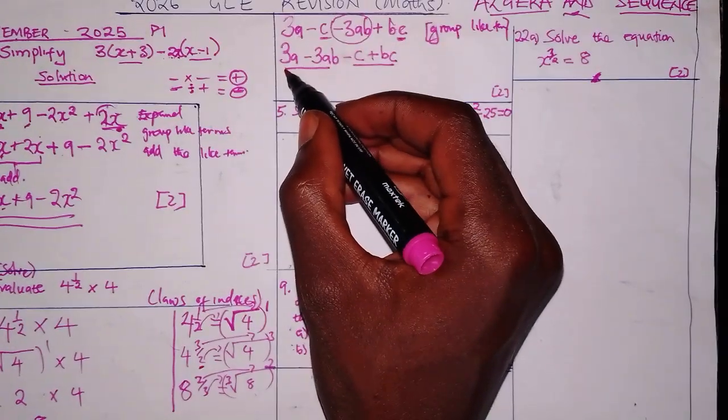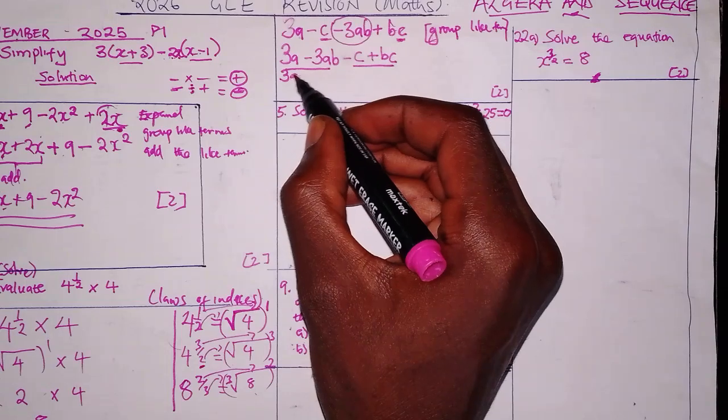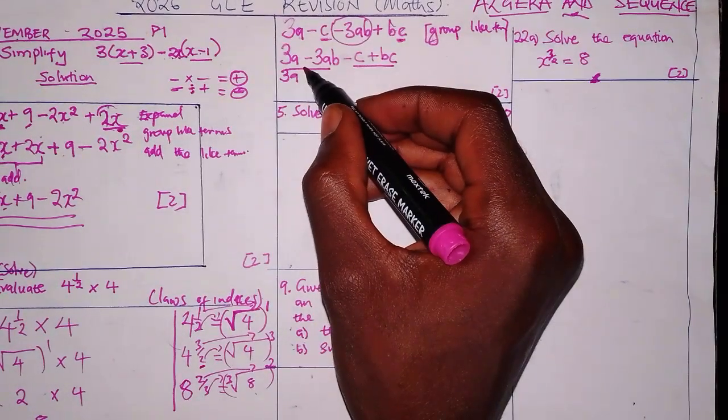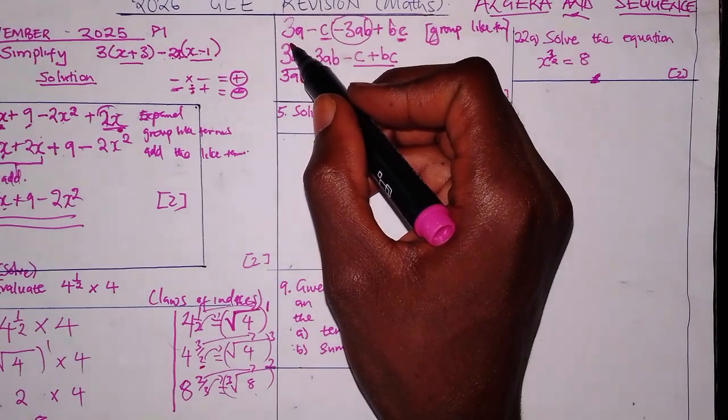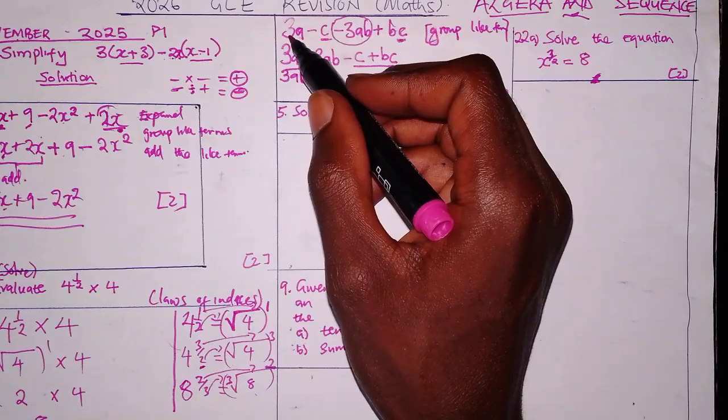So you say 3a, then open brackets. Whenever we are removing something common, we have to introduce the brackets. What you need to understand is that when they say factorize, we are dividing what is common and what is not common.